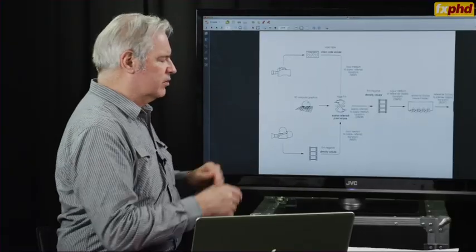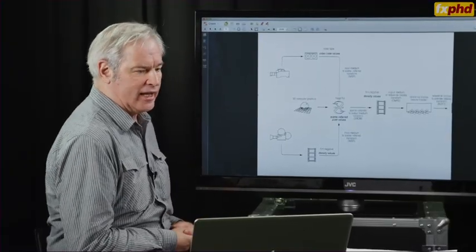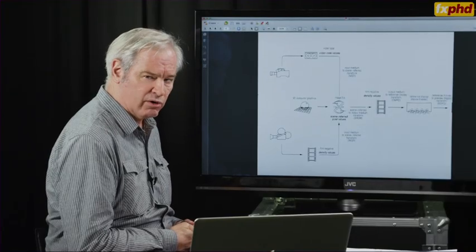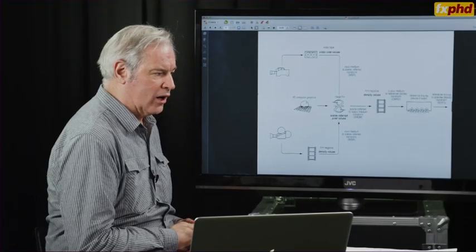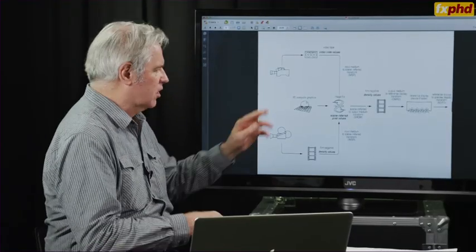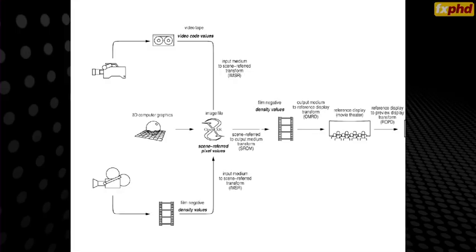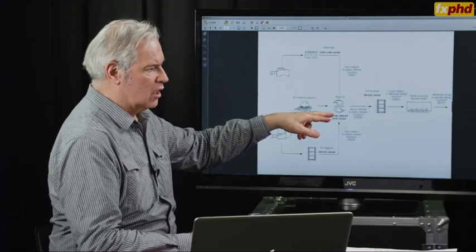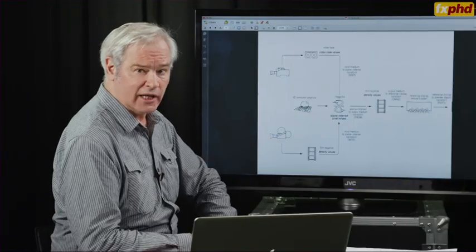So we come to the ILM pipeline invented 12 or 13 years ago, where ILM realized that the correct way to do compositing and CGI and other image synthesis and image manipulation operations was in linear light space.